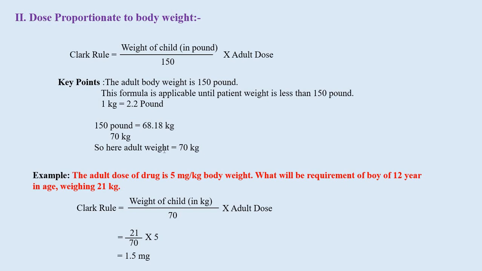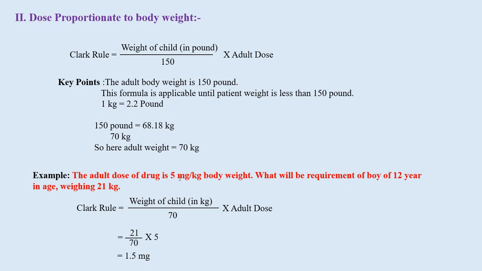So here the adult weight is 70 kg. This formula, based on body weight, is applicable only if the patient weight is less than 70 kg. Then the example for this formula.